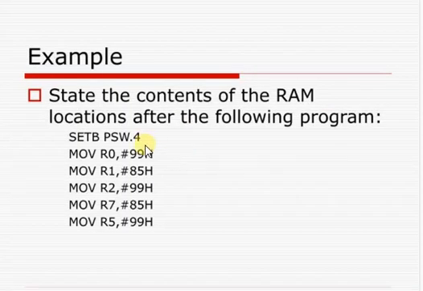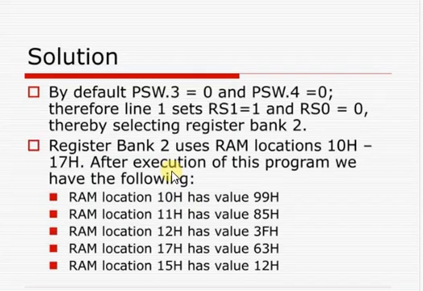Here the values 99, 85, 99, 85 and 99 go to R0, R1, R2, R7 and R5. For example, 10 is R0, 11 is the location of R1, then R2, then R7 and R5.